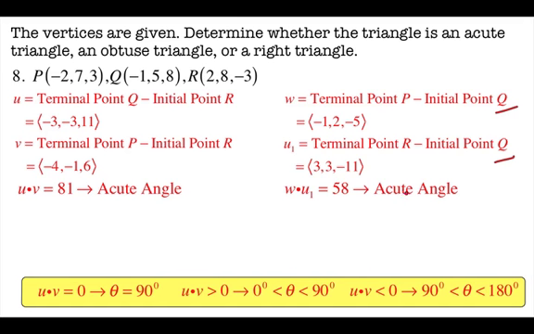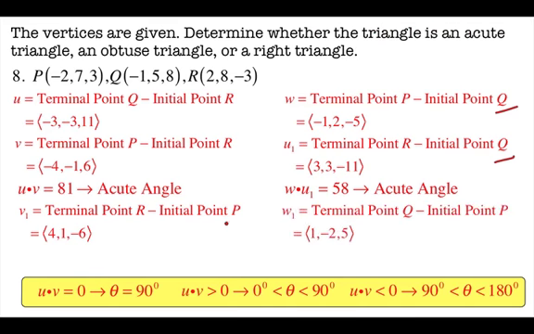Is it enough for me to conclude that this is an acute triangle? Not necessarily. It can still be a right triangle. It can also still be an obtuse triangle. So I have to do this one more time. So then I have vector V sub 1, because notice it's the opposite of V. So all I need to do is take this and multiply by -1. And again, notice that the initial points match.